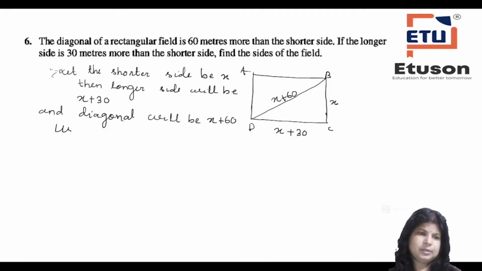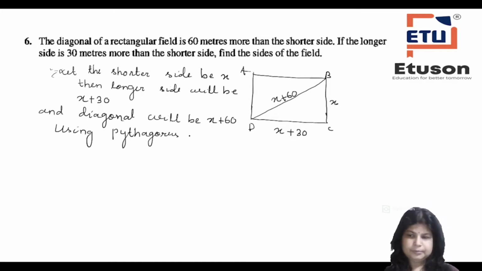Now using Pythagoras theorem, what do you get? x plus 60 whole square is equal to x square plus x plus 30 whole square.